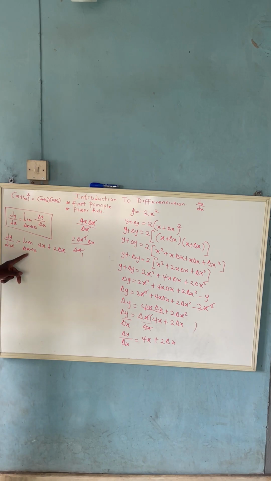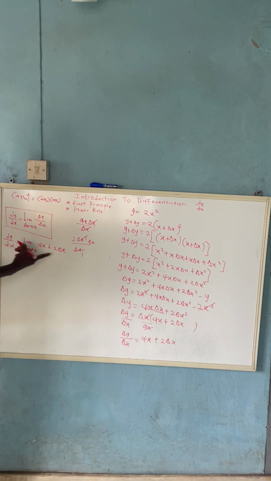This actually means that as change in x is getting closer to 0, not exactly equal to 0, but in this case, we are going to do a direct substitution by replacing change in x with 0. So we are going to have dy over dx is equal to... what this expression means is replace change in x as 0. That's the meaning of this limit as change in x tends to 0.